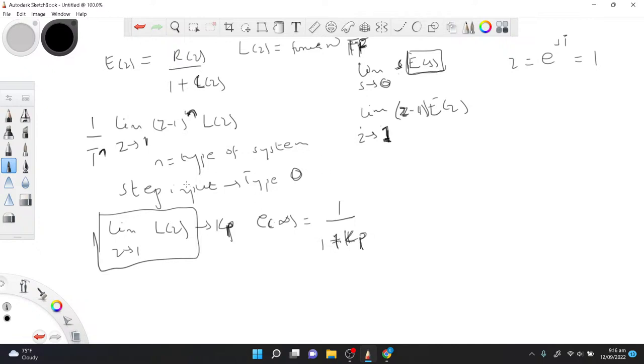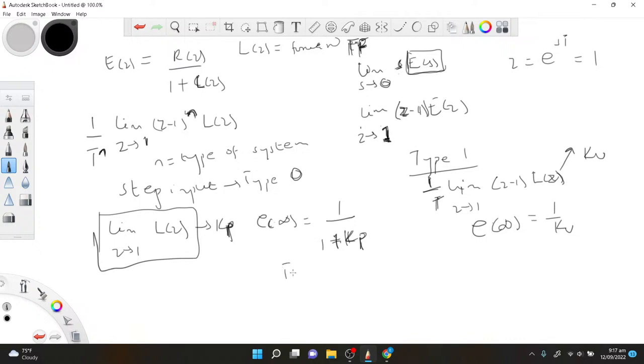If we have type 1, then n is 1. So you have 1 over T, limit as z approaches 1 of (z minus 1) L of z. And this is Kv, the velocity constant. Here the steady state error is 1 over Kv.